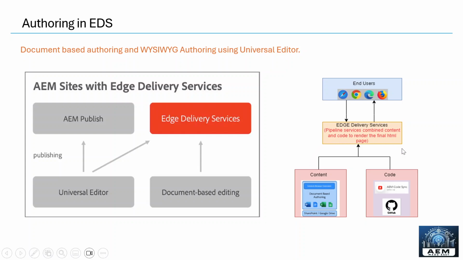There is also boilerplate code available, which includes all the basic files from Adobe and basic blocks which can be used to create your site. Your pipeline service, as I explained, combines the content and code and renders HTML pages which can be served to end users through the browser. That is the simple flow for document-based authoring.